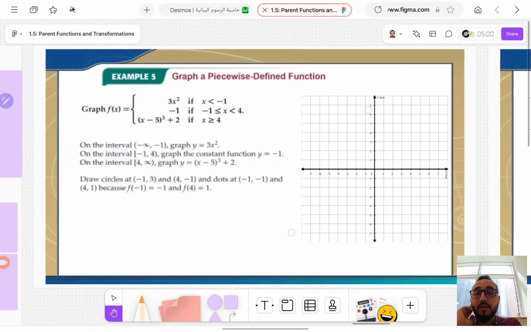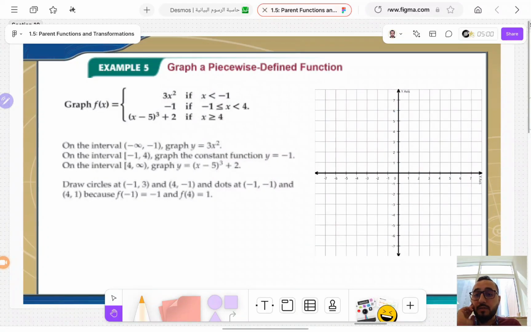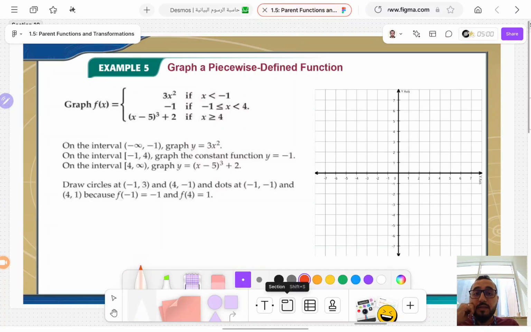Then the last one here is graphing the piecewise function. Now the piecewise function is easy to graph, but you just need to follow some steps. Step 1, draw the guideline. Draw the guideline is the first thing.